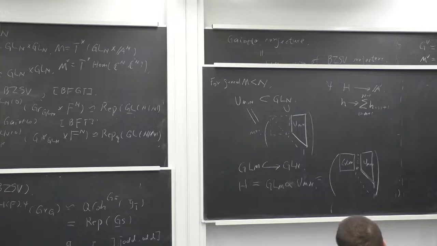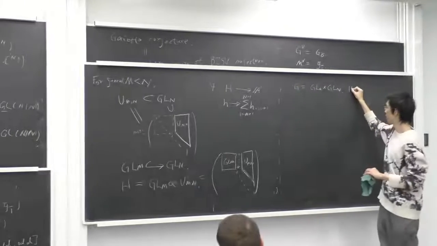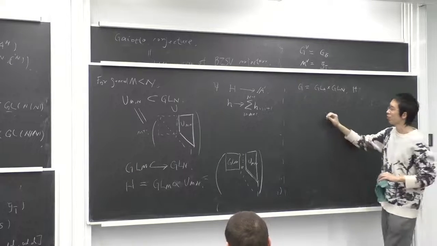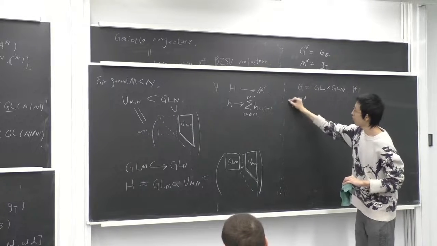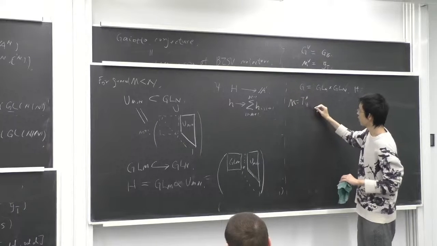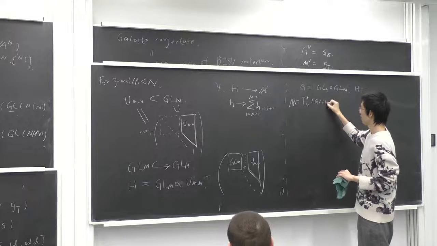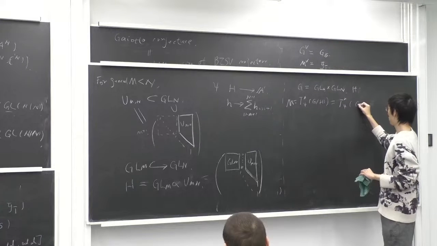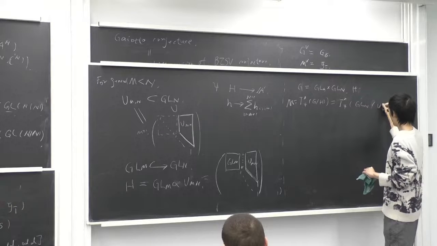After we introduce these notations, we can formulate our hyperspherical variety and its dual hyperspherical variety. Namely, your G is GLM times GLN, and your H is just H, and the C is the C. So your M is a twisted cotangent bundle on G quotient H, which is the same thing as the twisted cotangent on GLN quotient UNN.